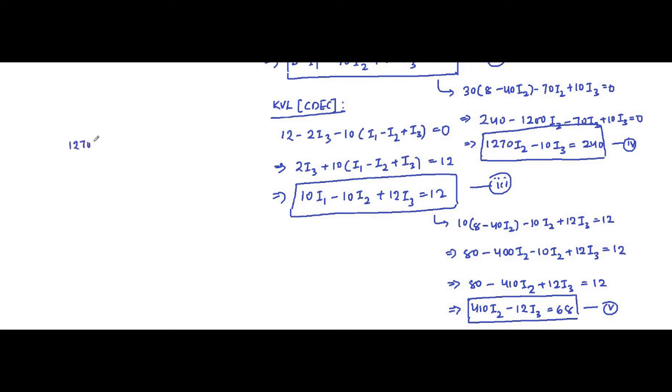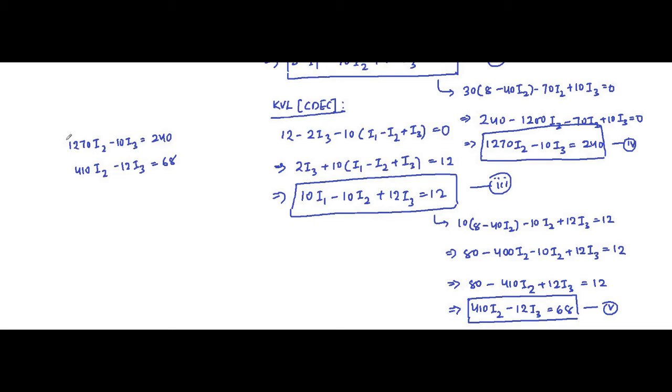1270 I2 minus 10 I3 equals 240, and 410 I2 minus 12 I3 is equal to 68. So now we will use the variable cancellation method to eliminate one of the variables. So we will be eliminating the I3 component.